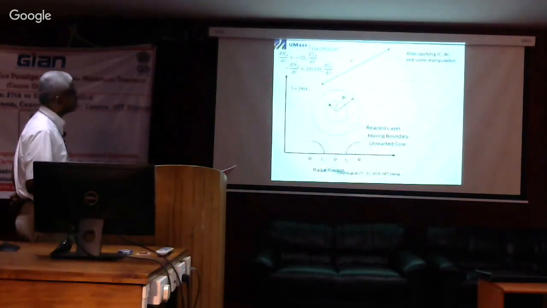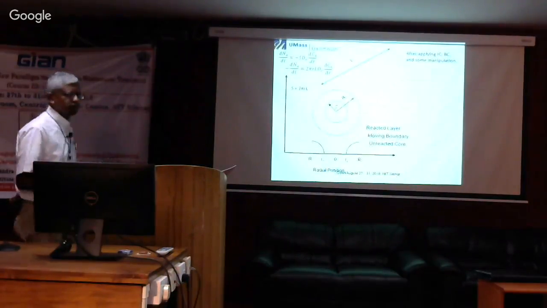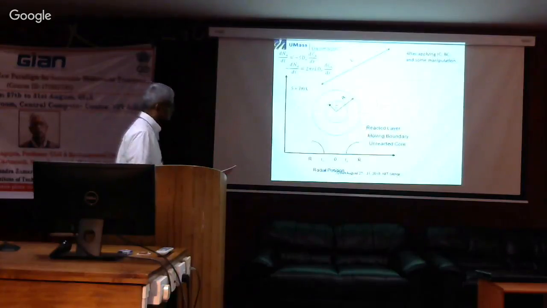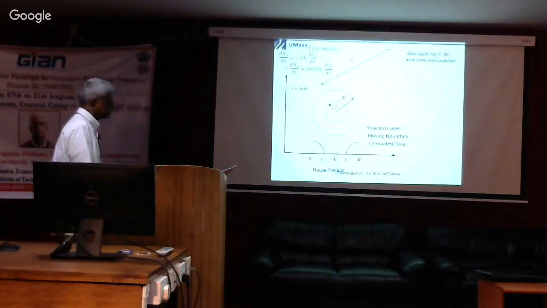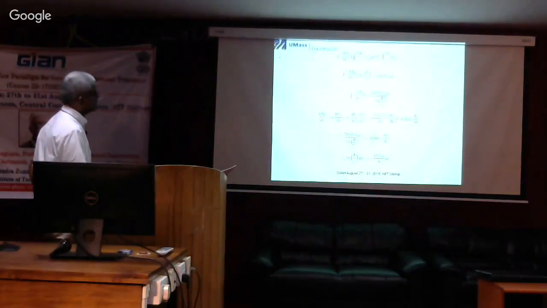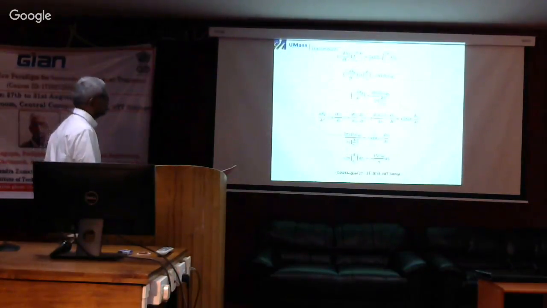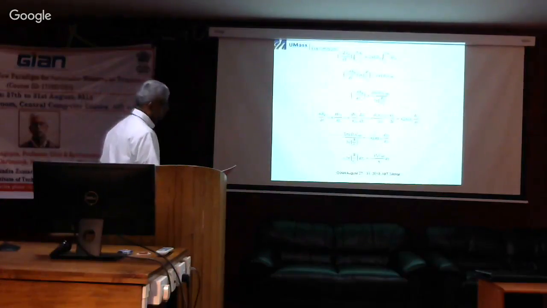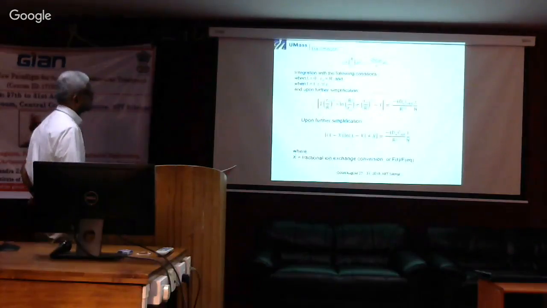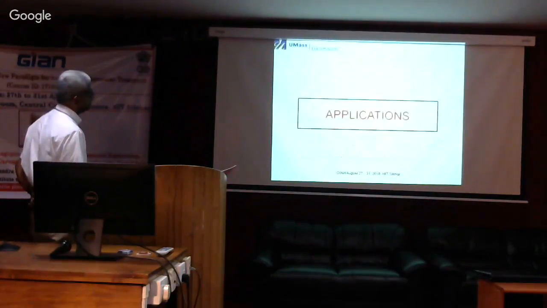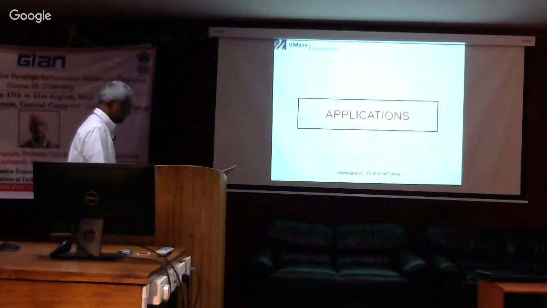So you start with this equation, then you apply the initial conditions, the boundary conditions, and all that. This is something so standard that there's nothing that I have to say. So you do all this manipulation. If you read this publication, you will get all the details and further simplification. So one can do it.